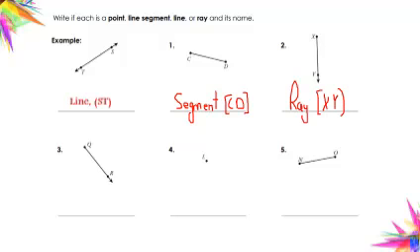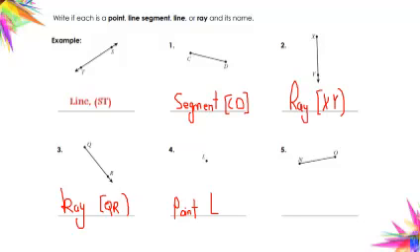Now number 3. 3 is also a ray. How did we know? Because it also has one endpoint which is Q and it's open on R. So it's closed on Q and open on R. What about number 4? Number 4, it's a point. We only have one point standing by itself and it's point L.